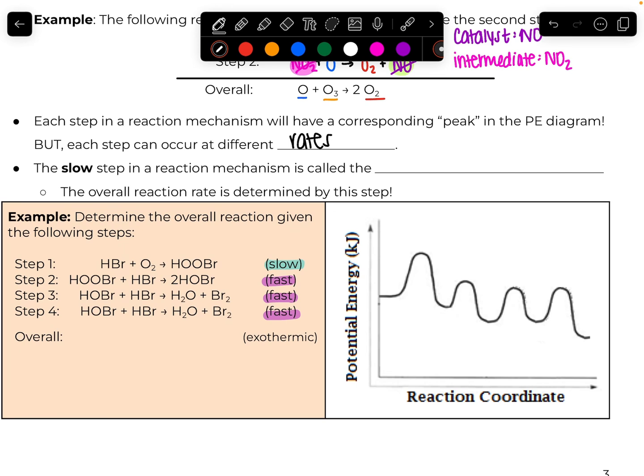Reactions only occur as fast as their slowest elementary step. So the slow step in a reaction mechanism is called your rate determining step. You can abbreviate this RDS because we're going to write a lot. So a rate determining step is basically the one that dictates how fast your reaction can go.